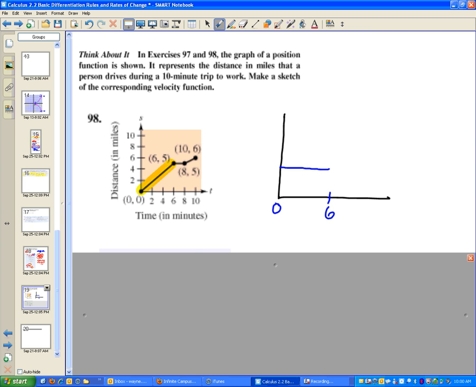Now, from 6 to 8, the distance doesn't go up at all, does it? The distance did not increase for those 2 minutes. So what's the velocity for those 2 minutes? It's 0.